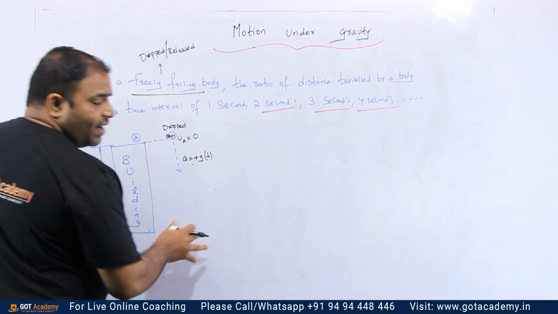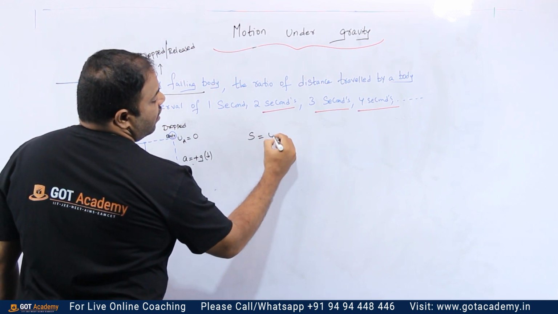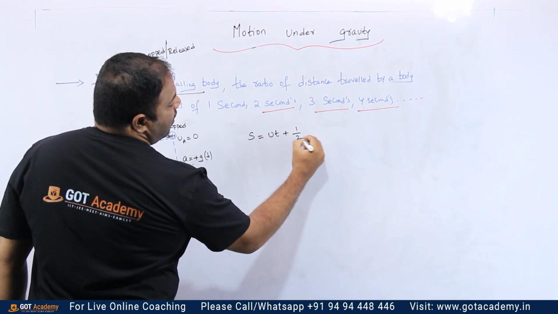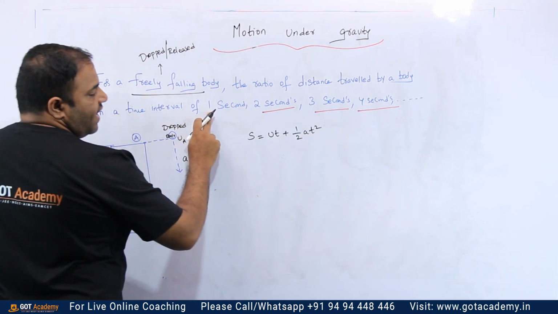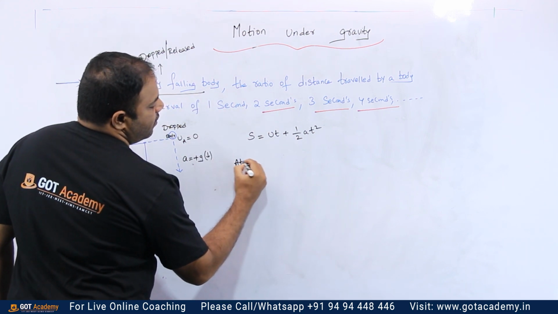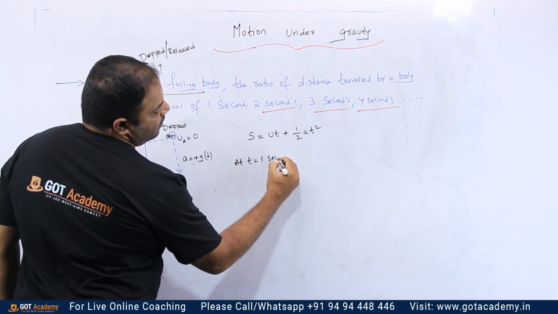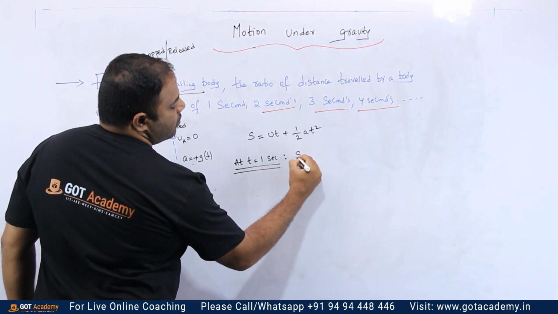Now, what is the formula to find out the distance? As I told you earlier, s is equal to ut plus half a t square, right? So, for 1 second, at t equal to 1 second. What is s?